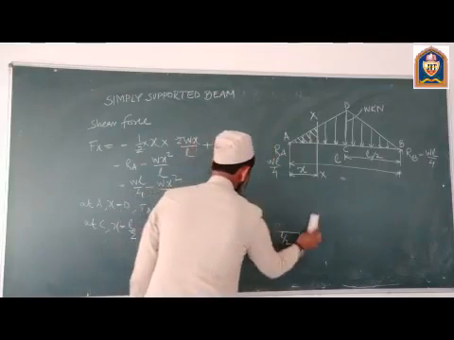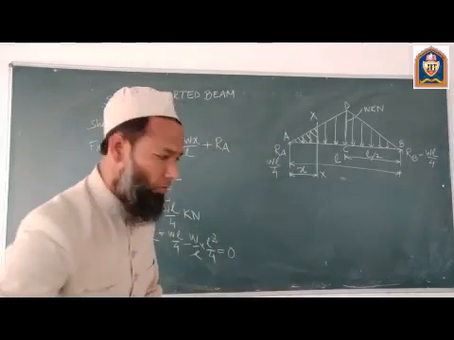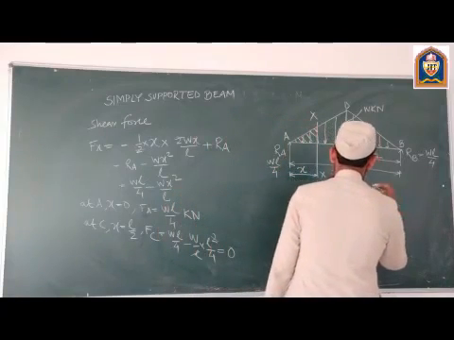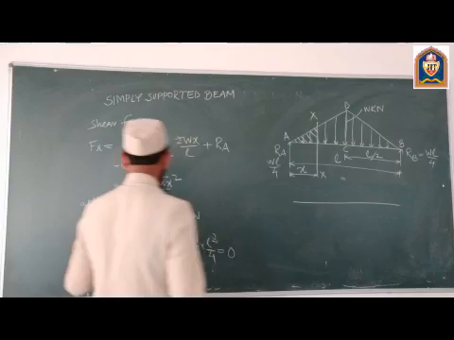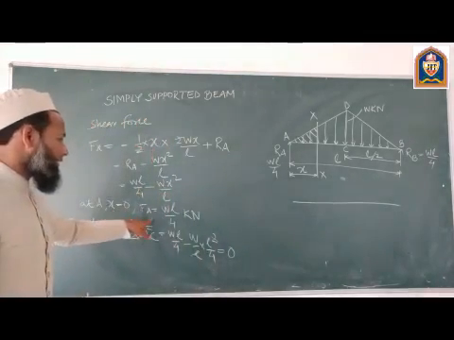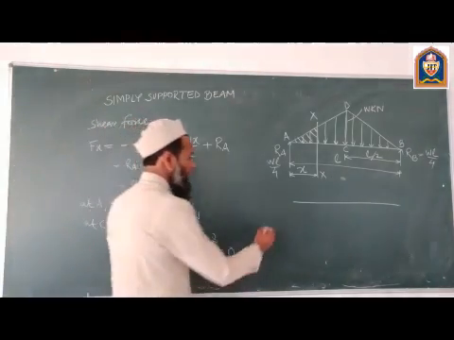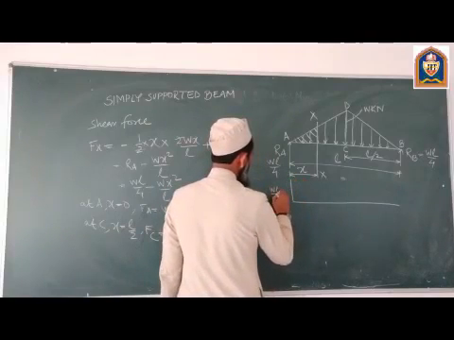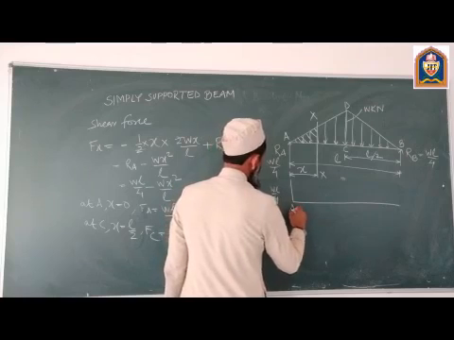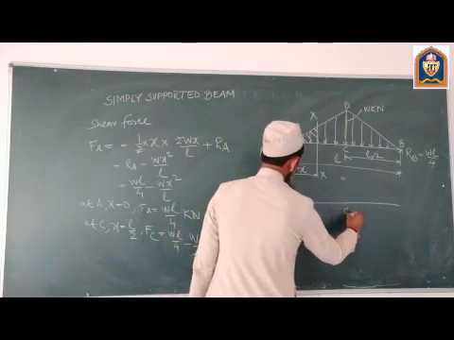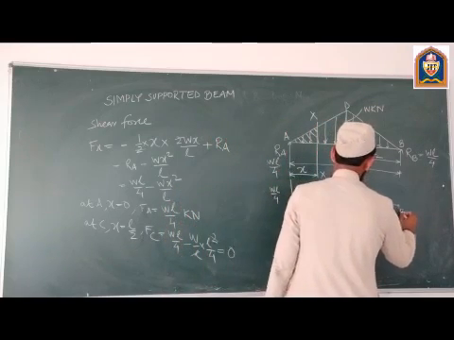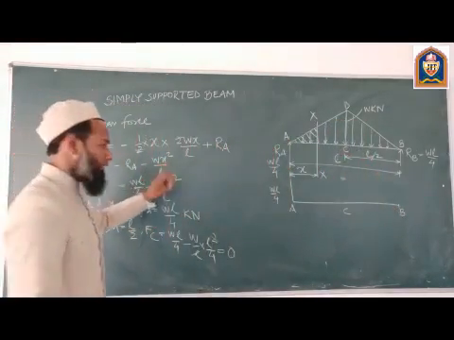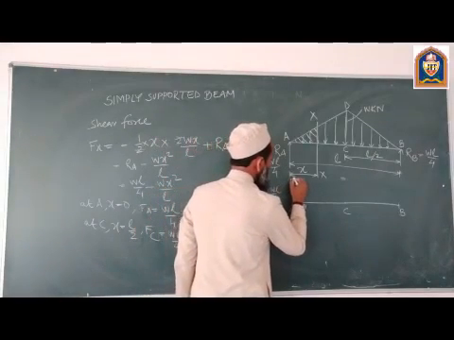I am going to draw this. At A, it is equal to WL by 4 and it is positive. So I have drawn WL by 4. This is point A, this is point C, and this is point B. Now the curve has to be a parabolic curve, so I will draw it like this.